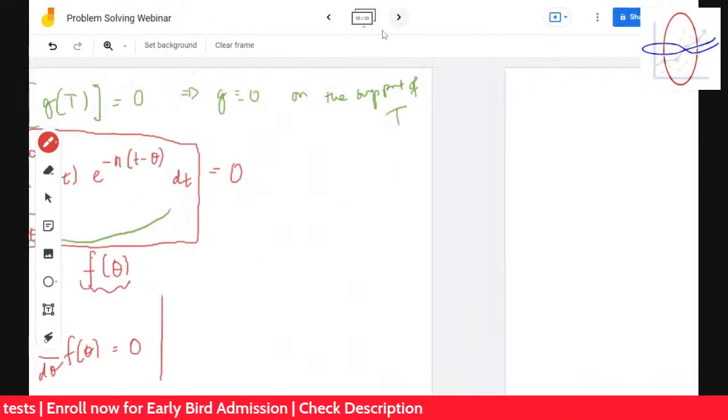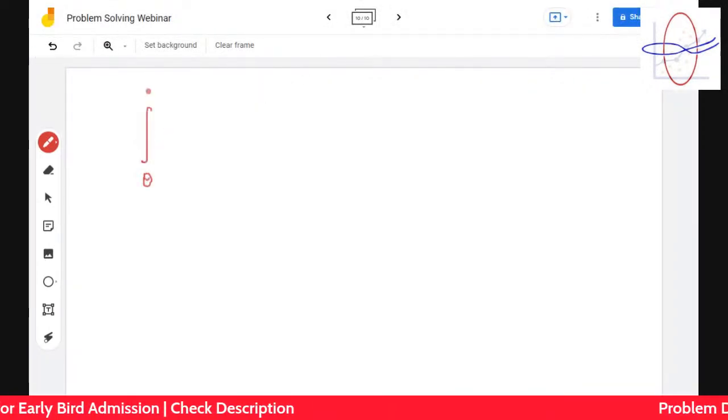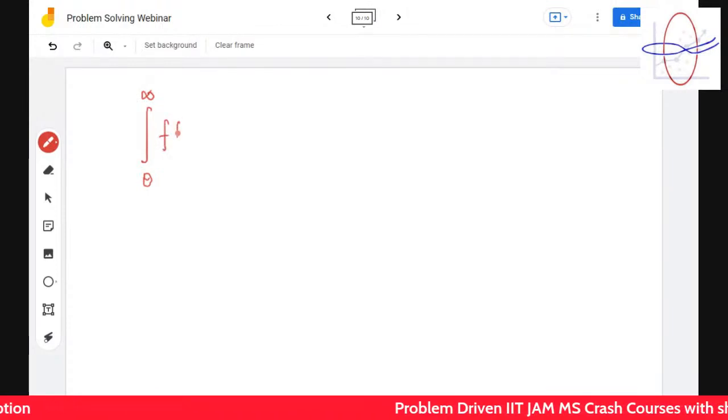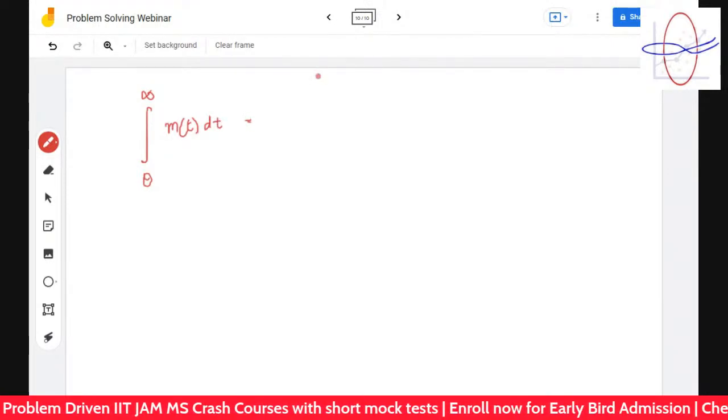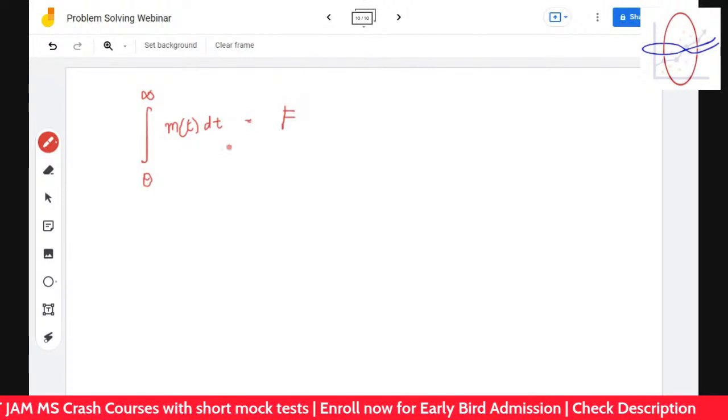Let's say it's like this, integration from theta to infinity of m(t) dt.